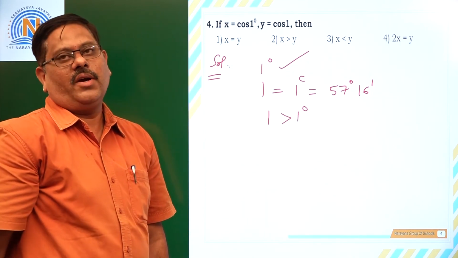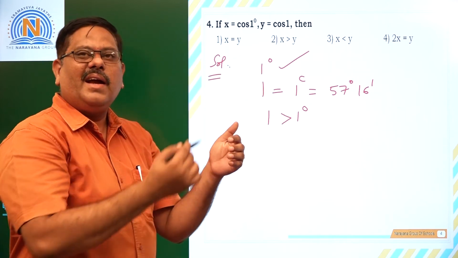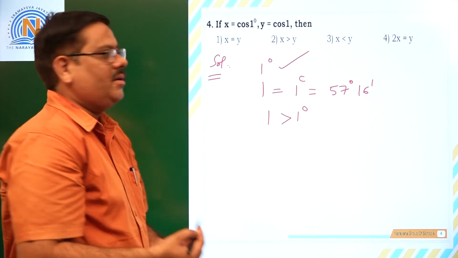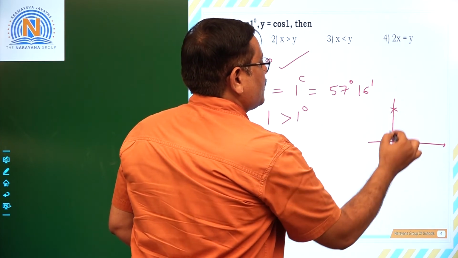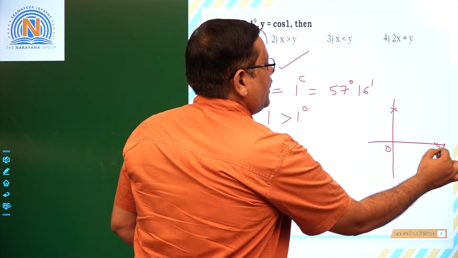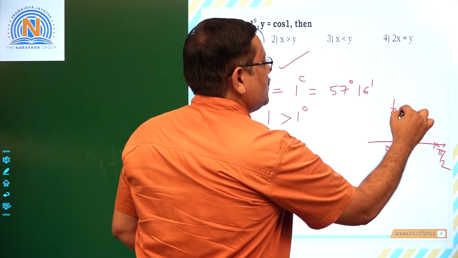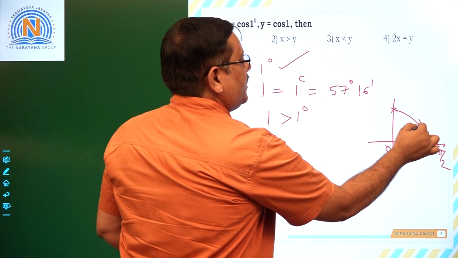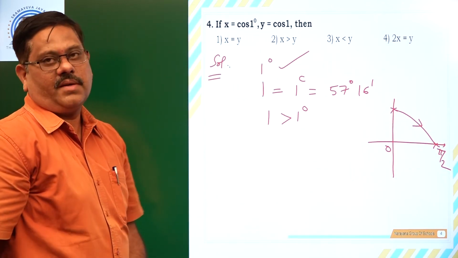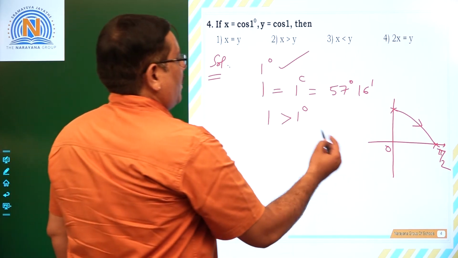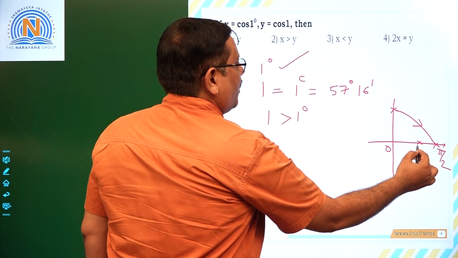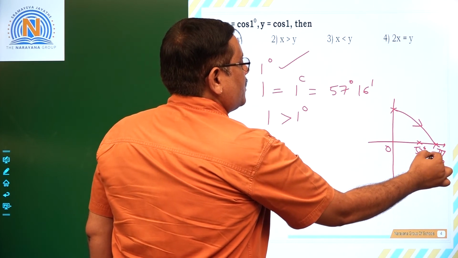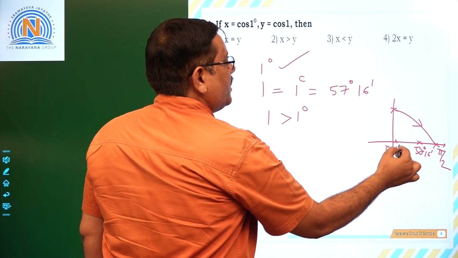If 1 is more than 1 degree, cos is a decreasing function in the first quadrant. If you take the graph of cos theta, at 0 degrees cos is 1 and at 90 degrees cos is 0. So this is how the graph moves. It is a decreasing graph. Right? Means cos 1 is somewhere over here. 1 radian, 57 degrees, 16 minutes, is somewhere over here. 1 degree is somewhere over here.